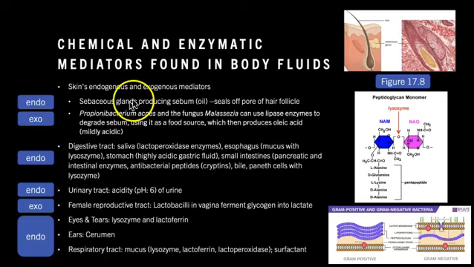We're going to have things like our sebaceous glands that we saw in our previous section, which are able to produce sebum or oil, and this helps to seal off the pore of the hair follicle, because you can see that attachment right over there.